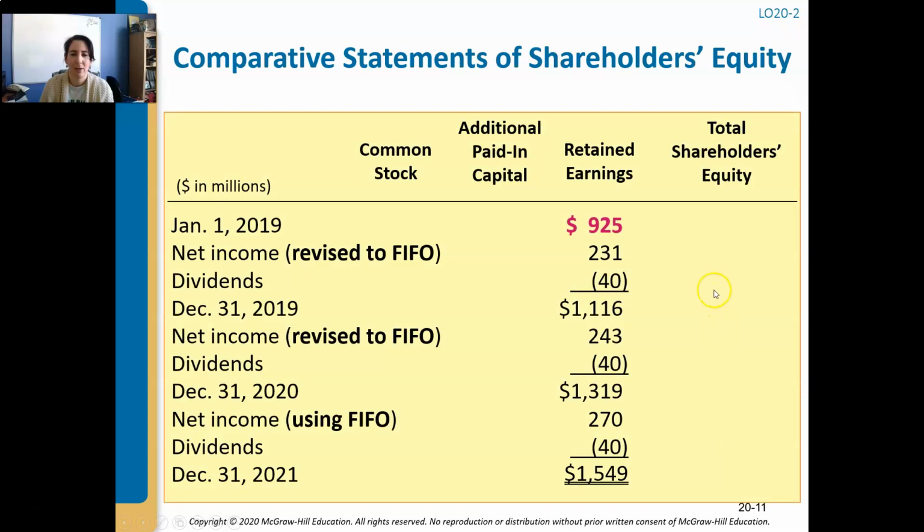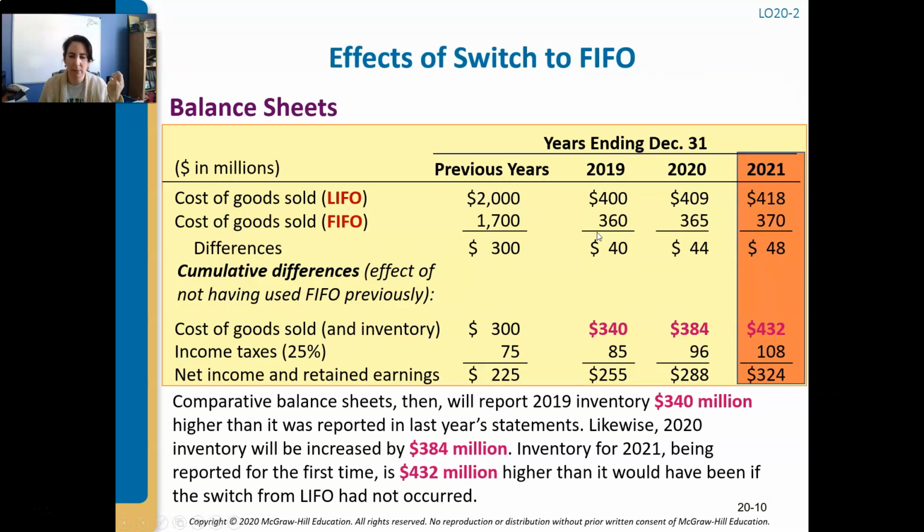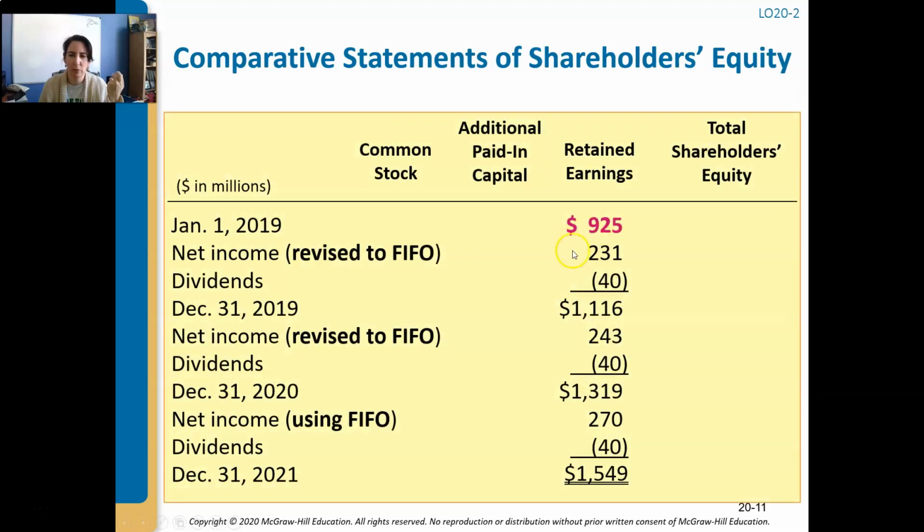All right. So the retained earnings from 2019 is going to be reflective of everything that would have happened before then. We'd be grabbing a new retained earnings number here, but revised for the information of FIFO, right?